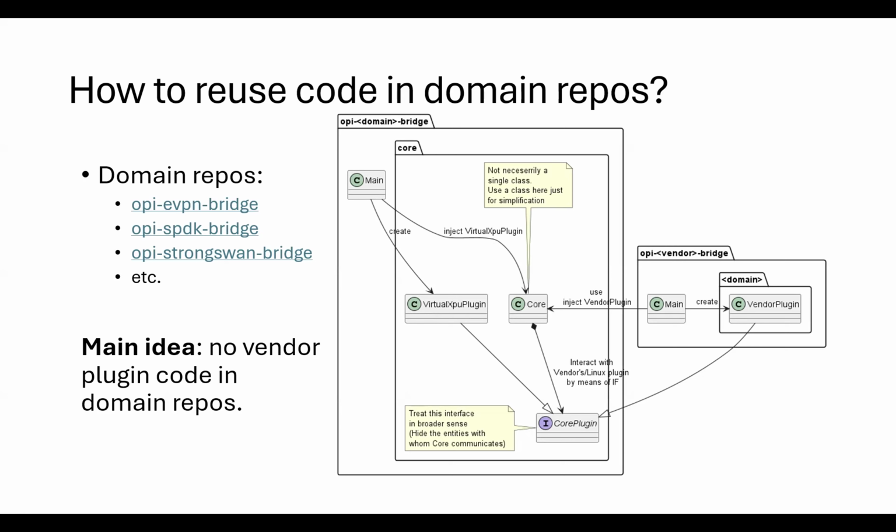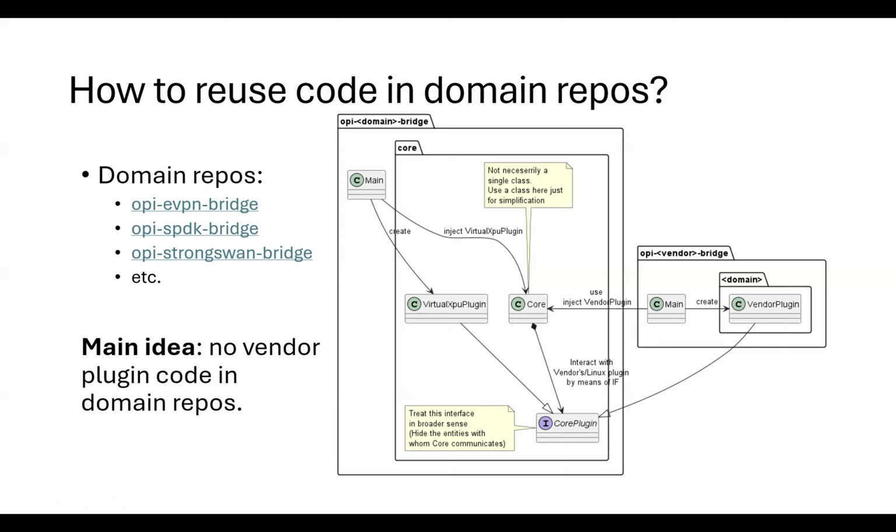I assume that in different domain repos we can see different cases, but this one is the most basic one. So vendors are allowed to use any language capabilities to inject their plugins, et cetera. But we need to keep in mind the main rule that no vendor plugins are allowed in such domain repos.